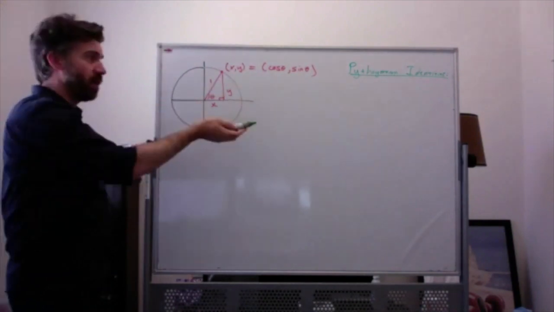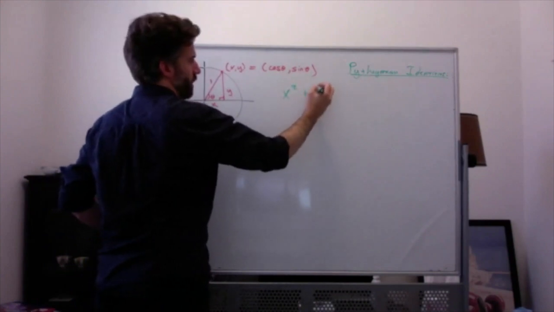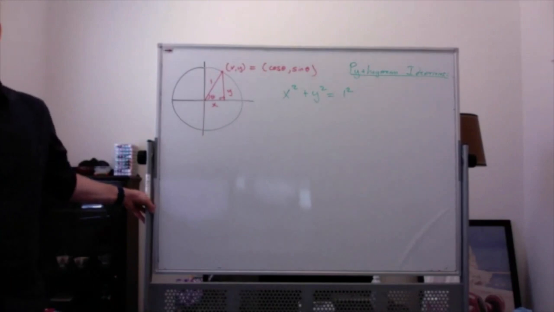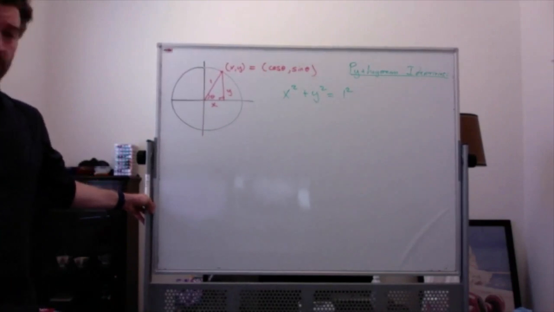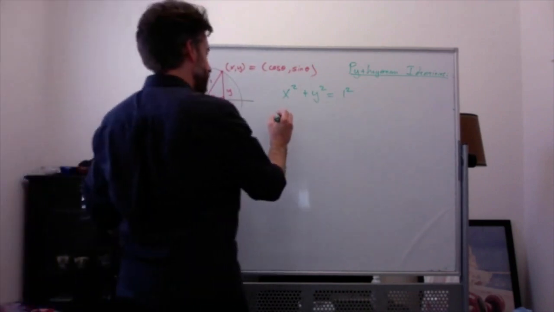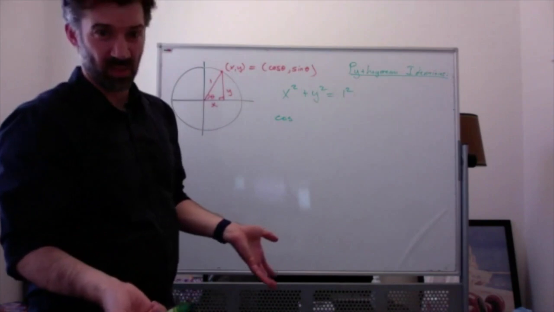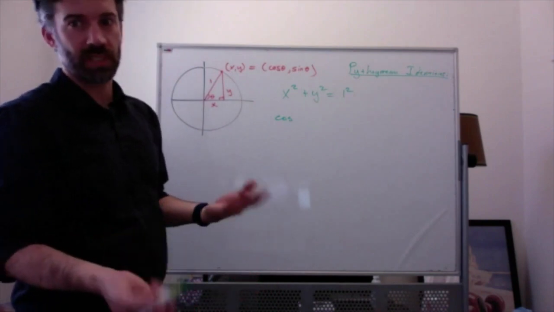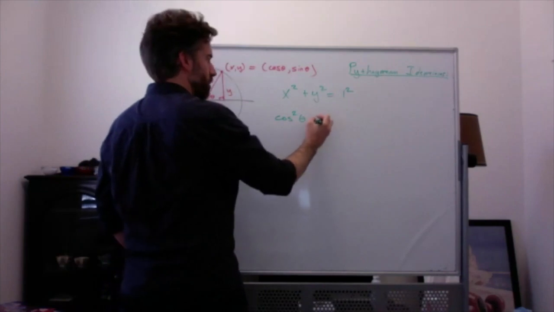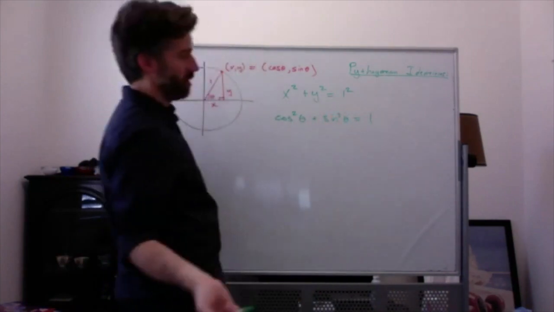In this right triangle, I could say x squared plus y squared equals 1 squared, which is just 1. But then x is cosine and y is sine. So you could write cosine theta quantity squared, but the more simple way of writing it is cosine squared theta plus sine squared theta equals 1 squared, which is 1.